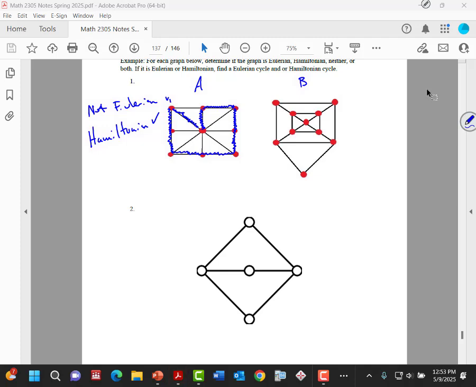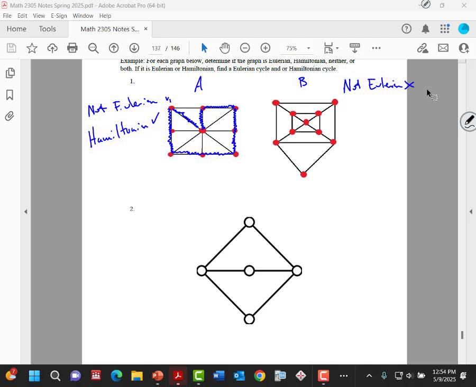What about over here, graph B on the right? Well, I can go ahead and tell you that it is not Eulerian. How do I know it's not Eulerian? There are several vertices right here. One, two. These vertices right here have odd degree. So it is not Eulerian. Okay, is it Hamiltonian? Can I find a cycle in this graph and visit each vertex once and only once?